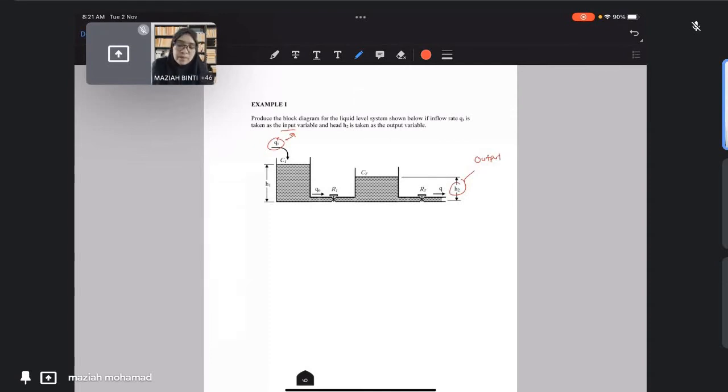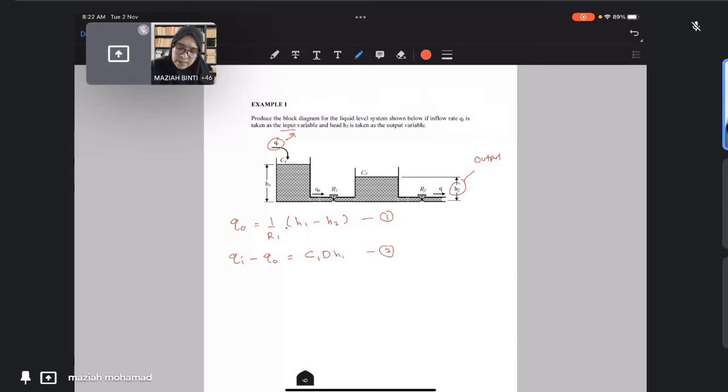So we're going to write the equations. Q0 is equal to 1 over R1 multiplied with H1 minus H2. That's the first equation. Second equation is Qi minus Q0 is equal to C1 dH1.